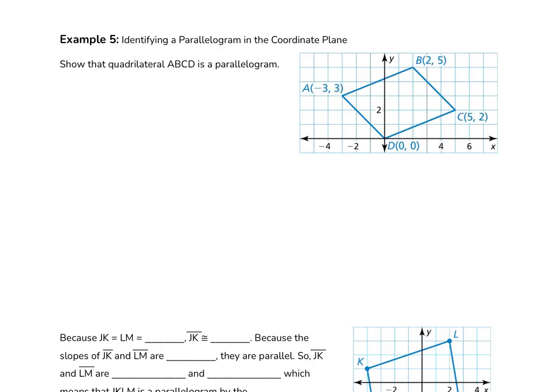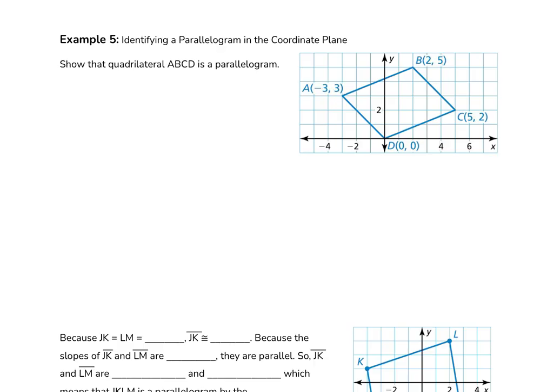So if I'm going to prove that sides are parallel, what do I use? How do I show that sides are parallel? What do we use when we talk about parallel? How do I know that 2 lines are parallel, for instance? What would have to be true about the 2 lines?